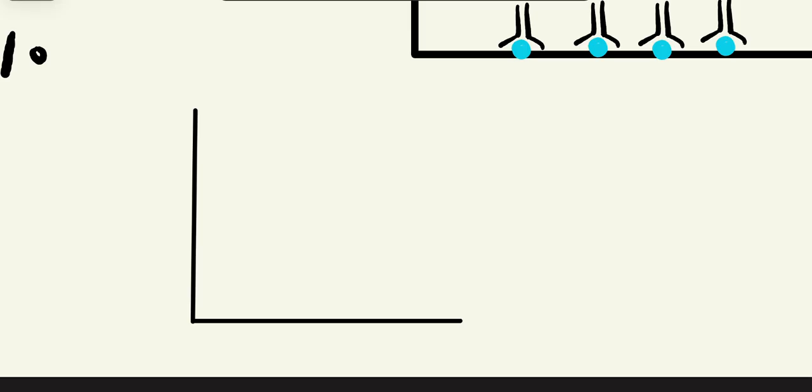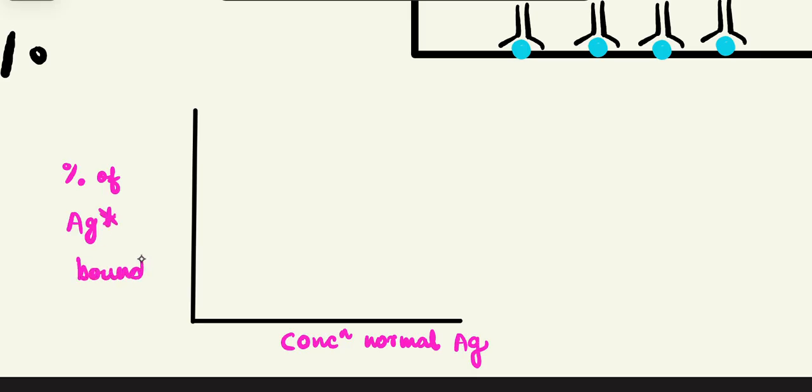On the downside we'll write the concentration of unlabeled antigen, that is the concentration of normal antigen or normal hormone, and here we have the percentage of radiolabeled antigen bound, the percentage of this kind of antigen bound to the antibodies.